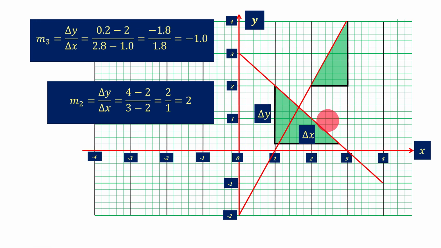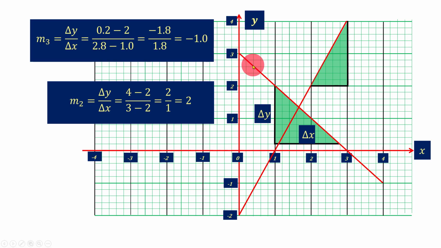The other thing that we want to understand from this video is that the gradient of a line can be positive or negative. When a line is sloping downwards like that, its gradient is negative. It is sloping upwards here, and sloping downwards here.